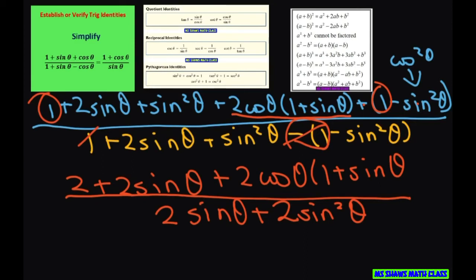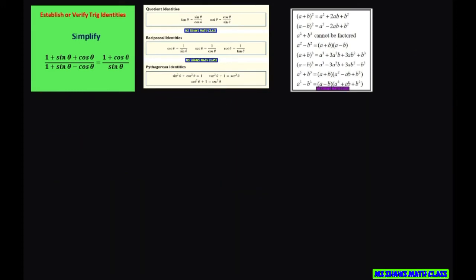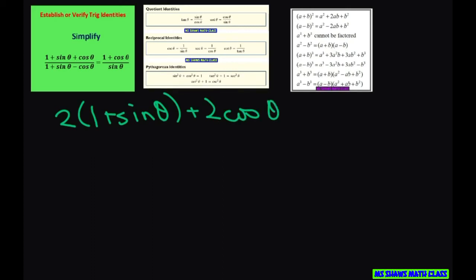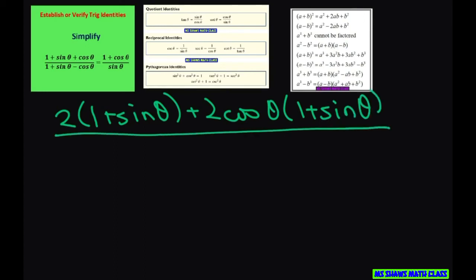So what we can do is factor out some things. Let's look at factoring out a 2 for this piece, and then factor out a 2 sine in this piece. So that's what I'm going to do on the next slide. So we're going to get 2 times 1 plus sine of theta plus 2 cosine of theta times 1 plus sine of theta divided by 2 sine, I'm factoring out a 2 sine of theta, 1 plus sine of theta.